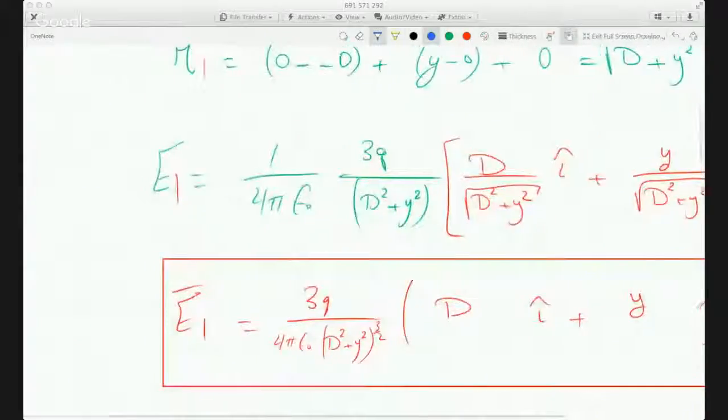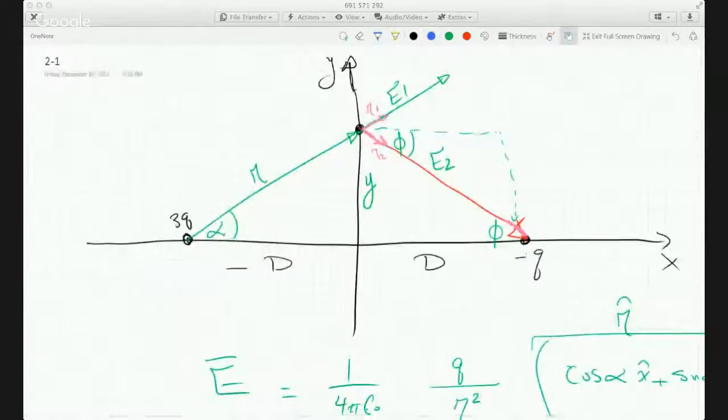So basically the main idea is that when you're so far away from those point charges on the y-axis, the field is the same as if it were the sum of those two charges. 3q minus q is 2q. The sum of these two charges, 2q, at a distance r away.